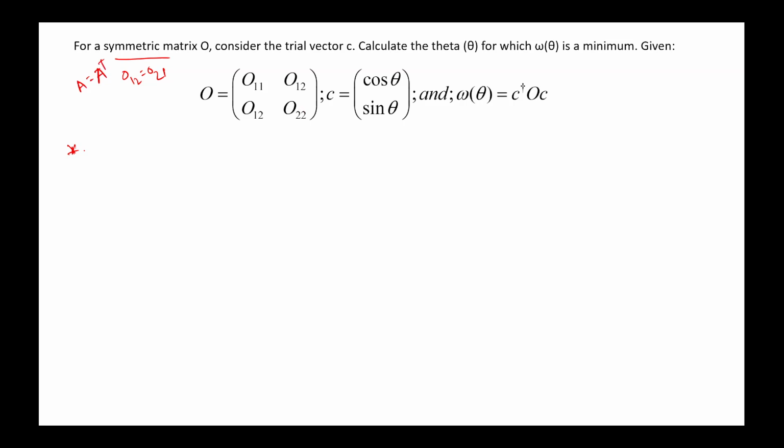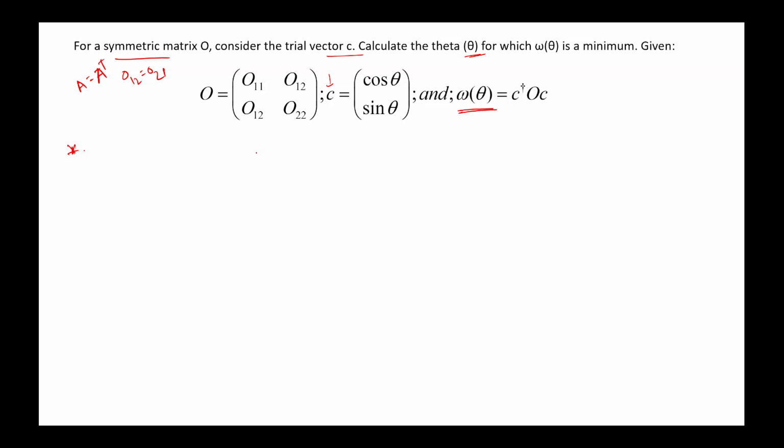Now your trial vector is C, which is cos theta, sin theta, and calculate the theta for which this omega theta, that is C dagger OC, is minimum.